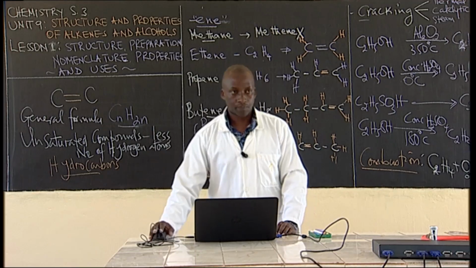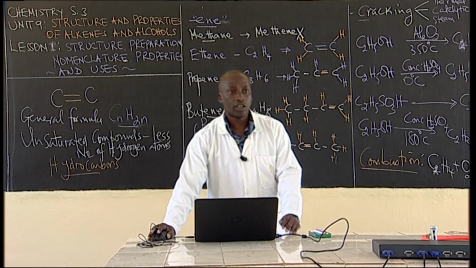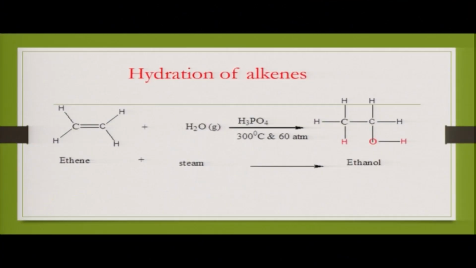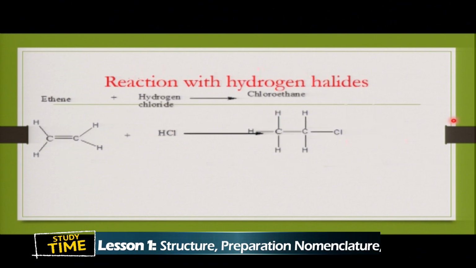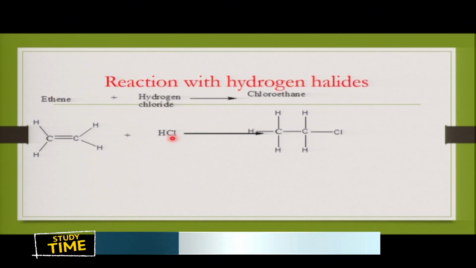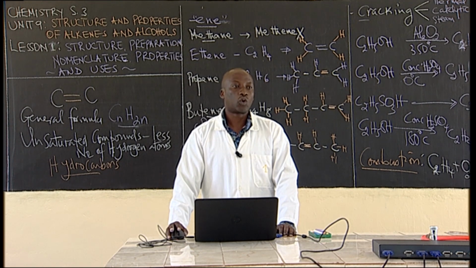Hydration of alkenes. This is one of the reactions also which is very important. Under addition, it shows how ethene reacts with water in the presence of phosphoric acid. It forms the alcohols. Reaction with hydrogen halides, still, it is addition. The one hydrogen adds here, and the chlorine adds here.